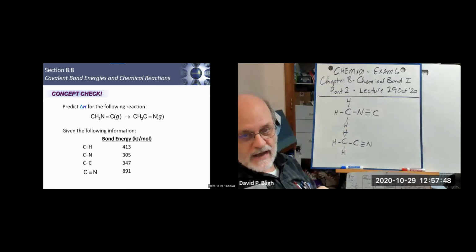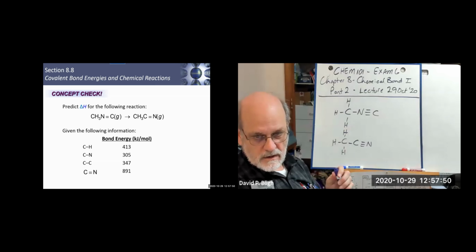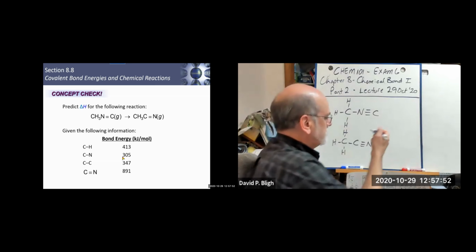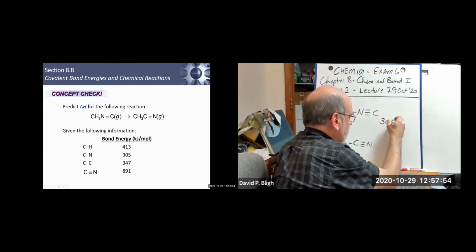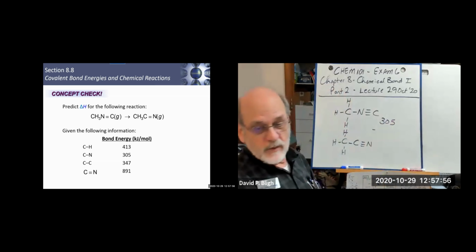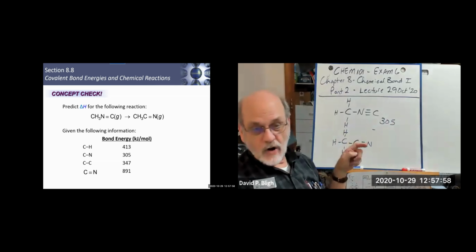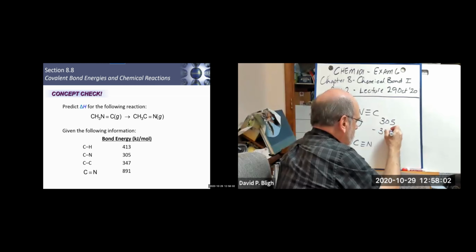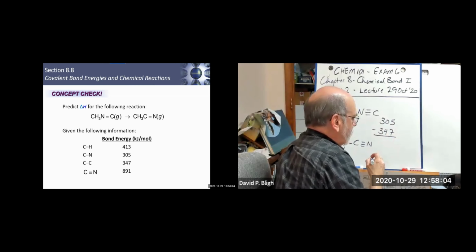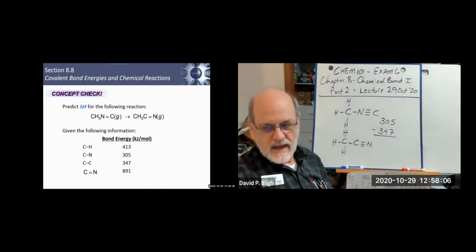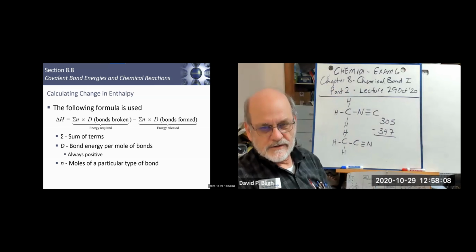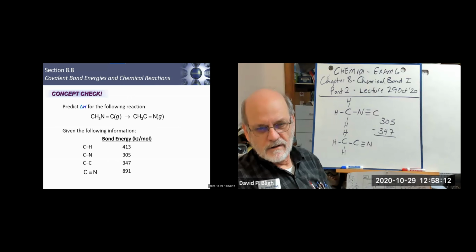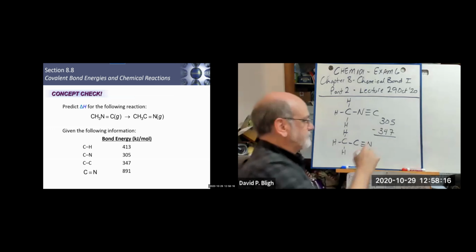So that one, carbon-nitrogen, right here, is 305. And then we can subtract carbon-carbon, which is 347. And let's see, I went backwards, sorry. And we get minus 42 kilojoules.